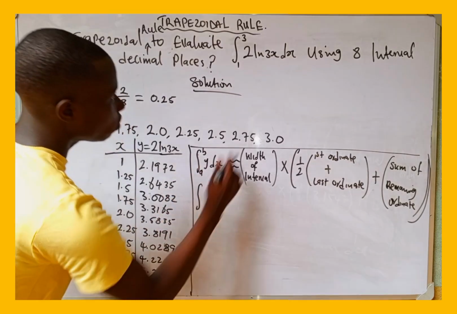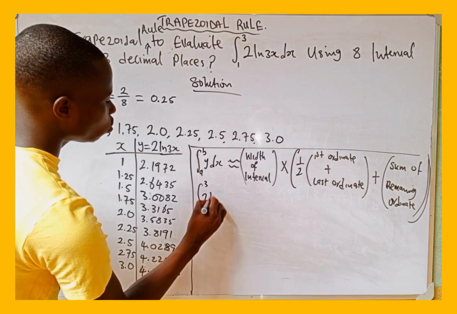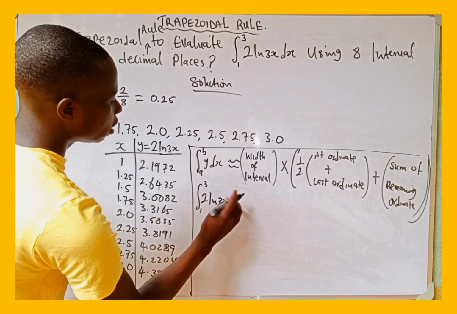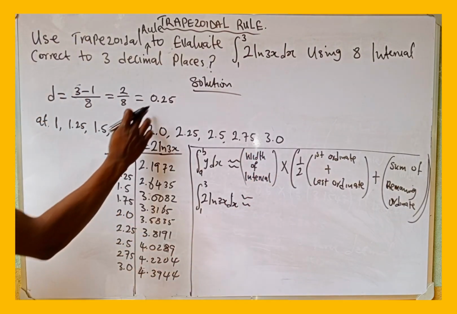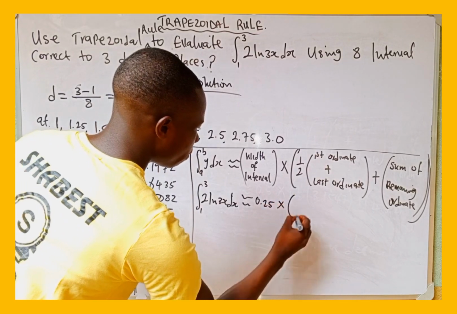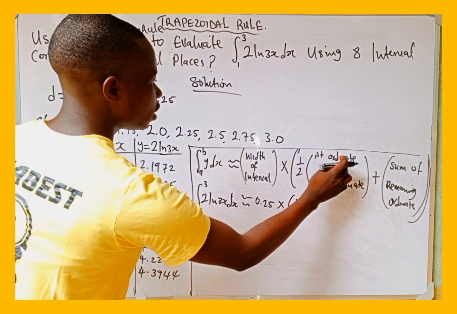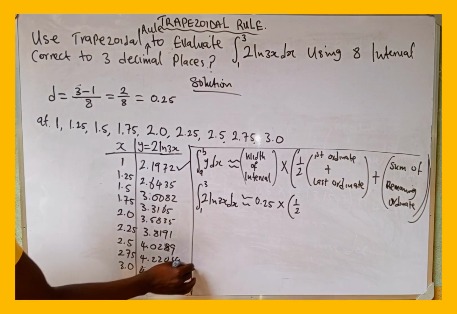So we're going to have integral of 1 to 3, which is the limit, and the function is 2 ln 3x dx, which is approximately what? Width of the interval, and width of the interval is 0.25, multiplied by what? Half of first ordinate plus last ordinate. Look at the first ordinate, and this is the last ordinate.